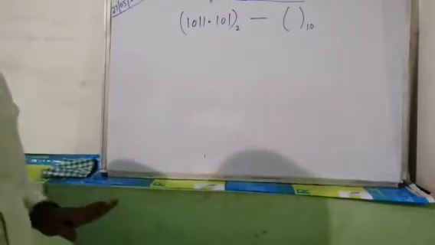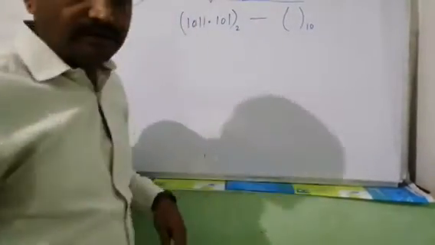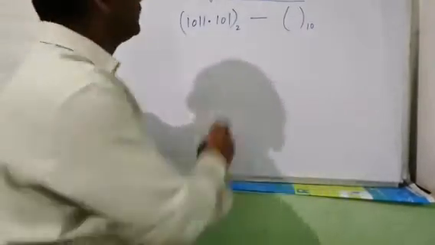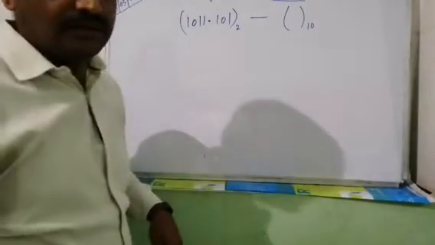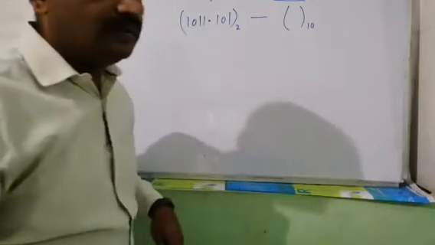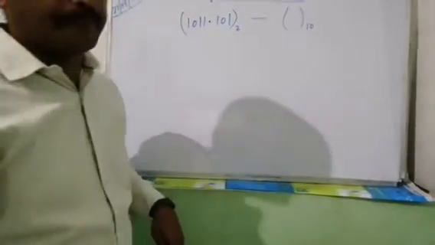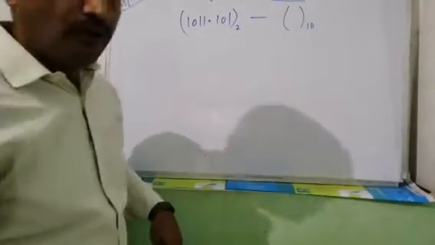There are two parts: some binary digits written before the decimal point, and some binary digits written after it. To convert the digits before the decimal point, the process is the same as I have explained just now. So that we will follow.